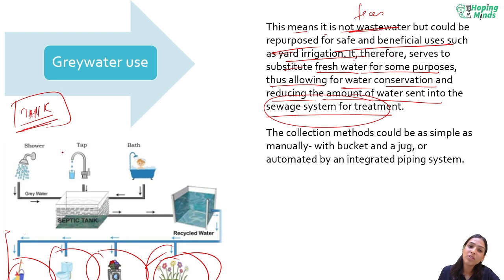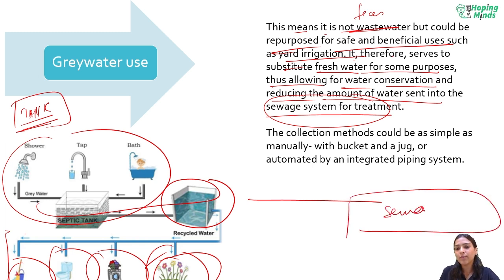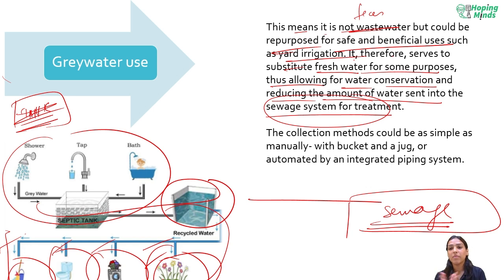Because all of this water is being used in this way, less water is being sent for sewage treatment, and it is a very good substitute for the fresh water of the tank. This collection method is very simple as well. You can do it in a manual way with a bucket and a jug, or with an automated integrated piping system.